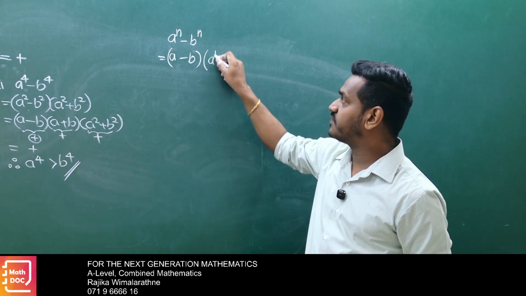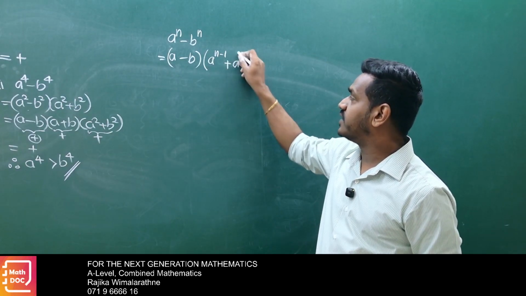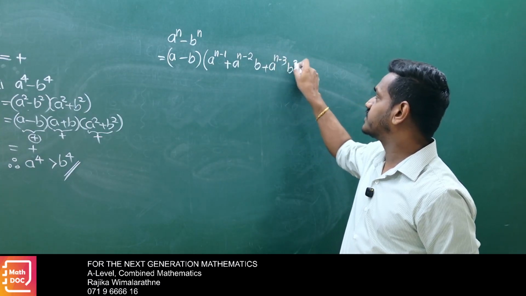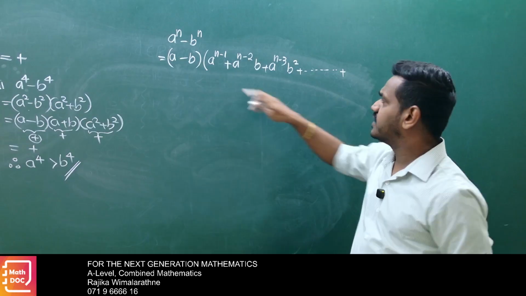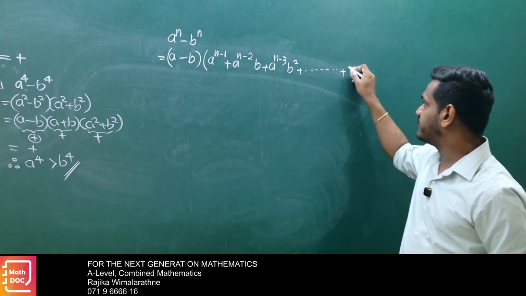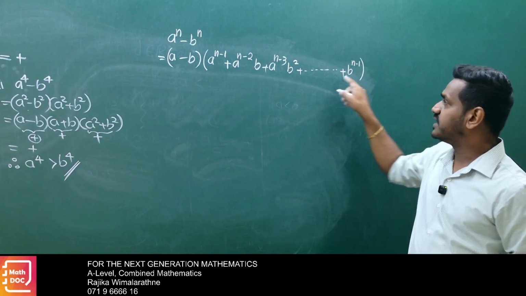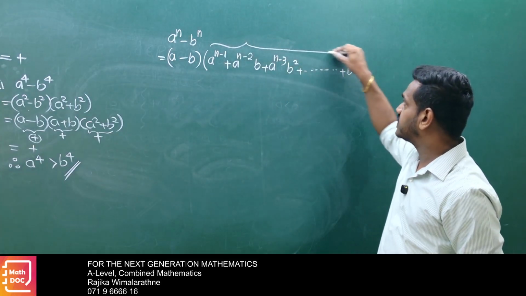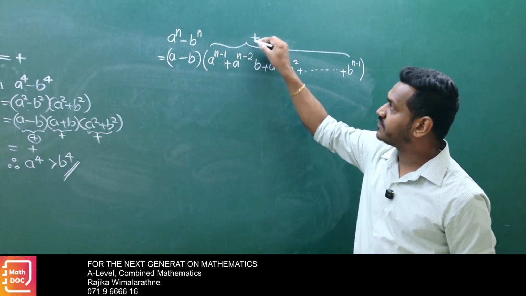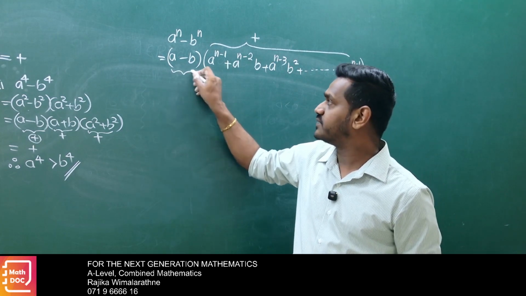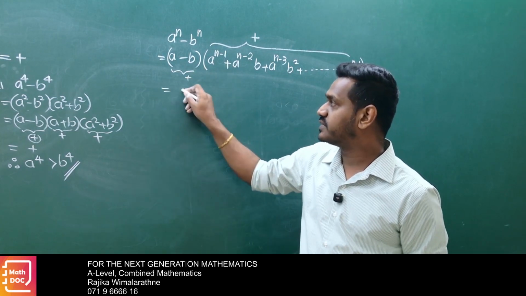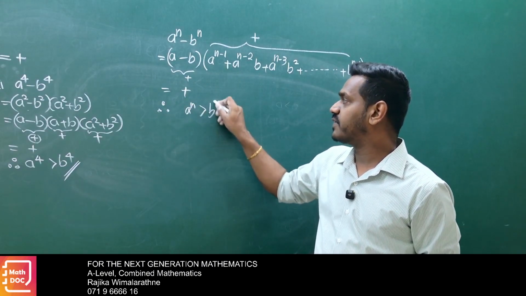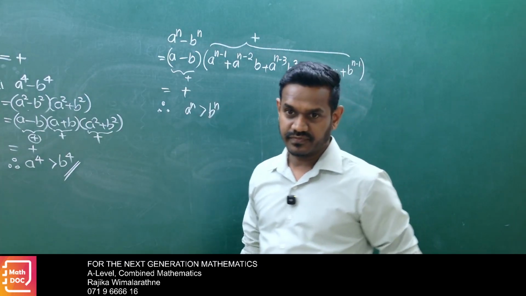Then you have to start with a to the power n minus 1 plus a to the power n minus 2 b plus a to the power n minus 3 b square, and so on we can write. A's power decreasing, b's power increasing, the final term will be b to the power n minus 1. So any two terms are positive. Then we know all a, b terms are positive, so the addition is definitely positive. And we know again a minus b is positive, then no worries, everything is positive, that means the result is positive. So the idea is a to the power n greater than b to the power n. Likewise we can prove. Okay, do that as well.